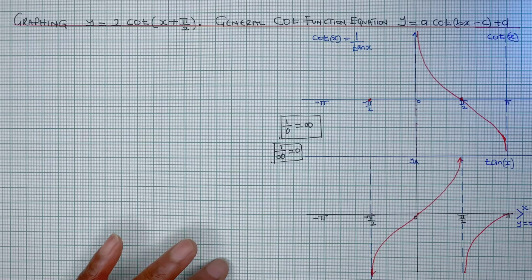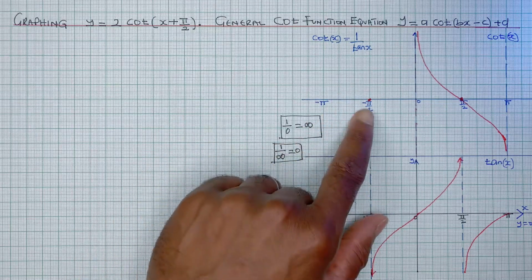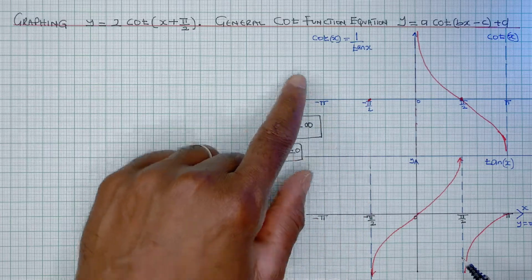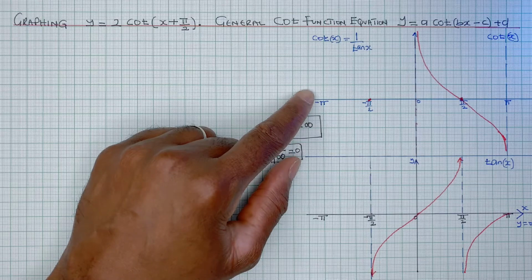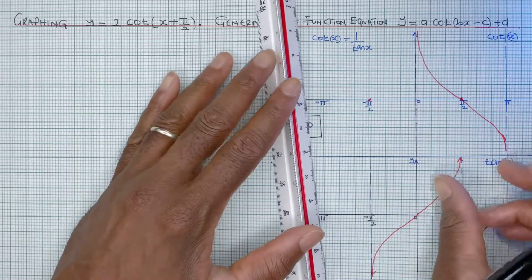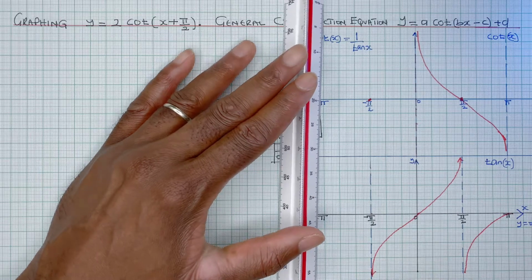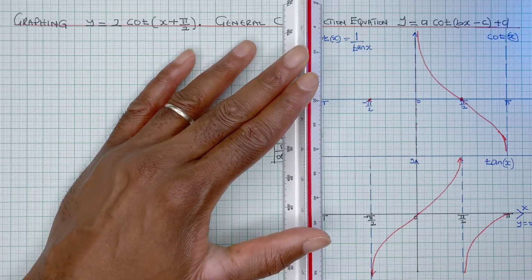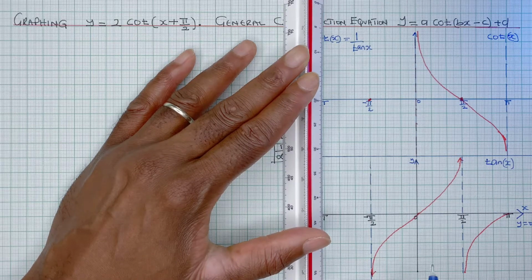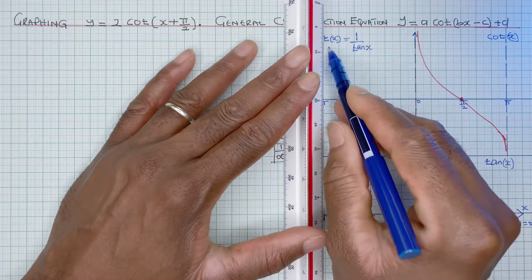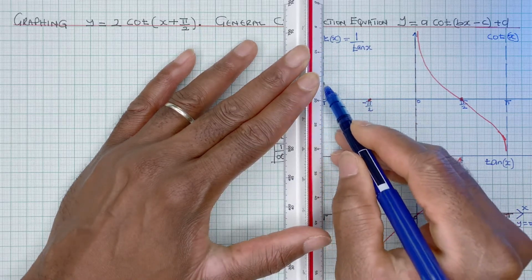What about minus pi? Again, minus pi is also a line of asymptote for cotangent because it repeats every pi, just like tan repeats every pi. So we draw a line of asymptote here, a dashed line, that's all.